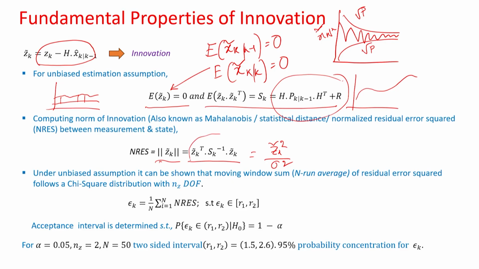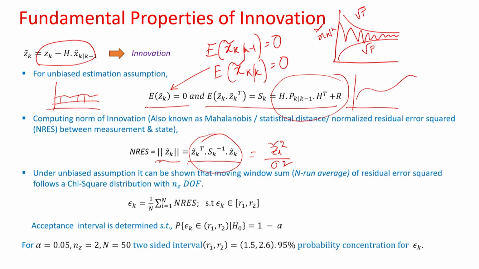So, this quantity is chi-square distributed. This is a very, very important property. When we start the tracking, the whole tracking measurement validation in the first line is based on this fundamental principle. So, this is very important, we should know it. The norm of innovation is chi-square distributed. Okay.